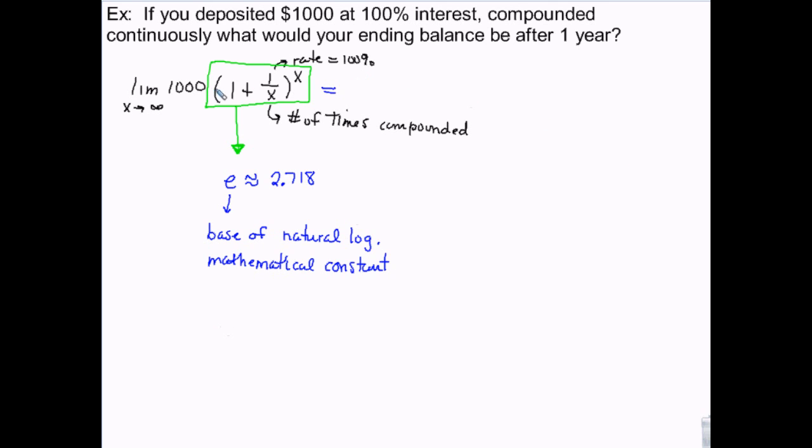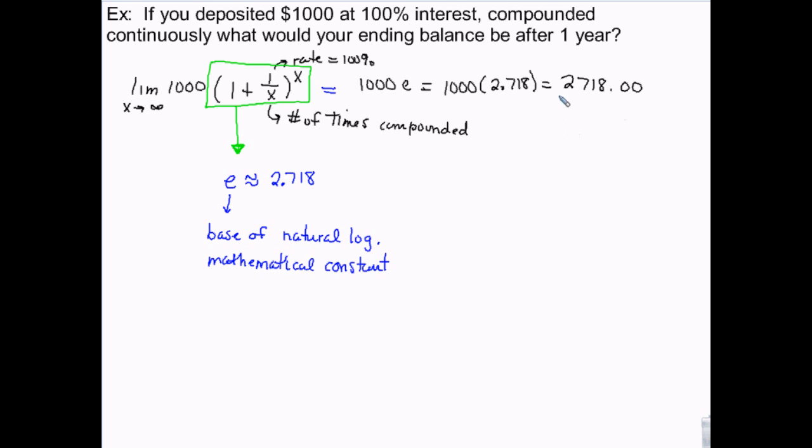And what we get at this point is 1,000 times e, which is 1,000 times 2.718. So we would get $2,718. So if you put $1,000 in the bank for 1 year at 100% interest with continuous compounding, you would more than double your money.